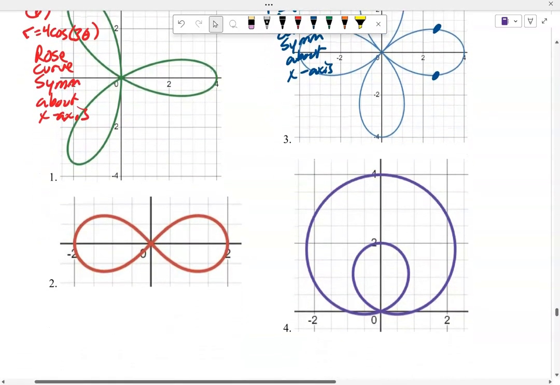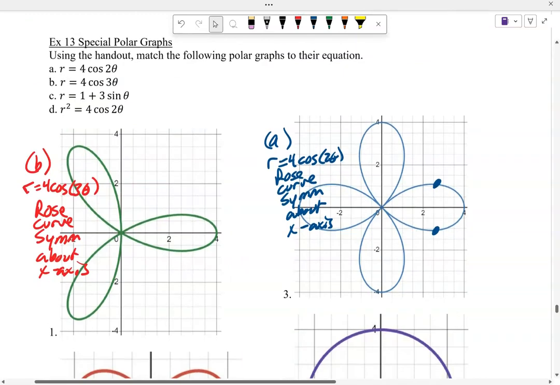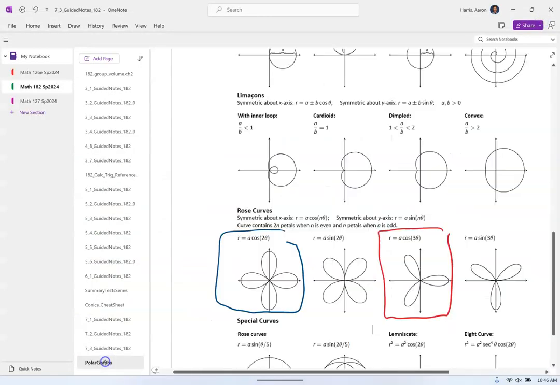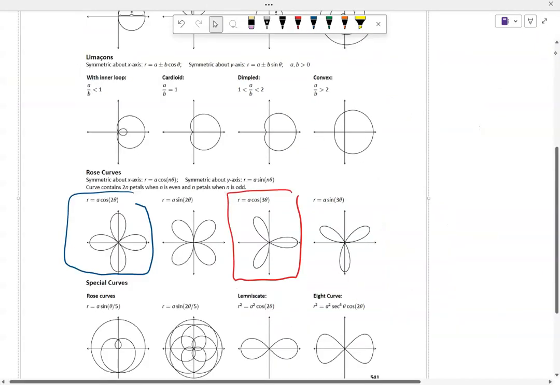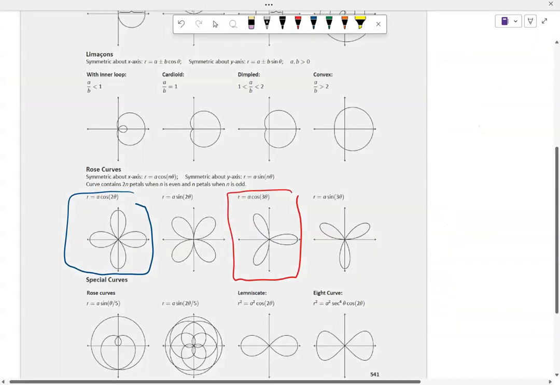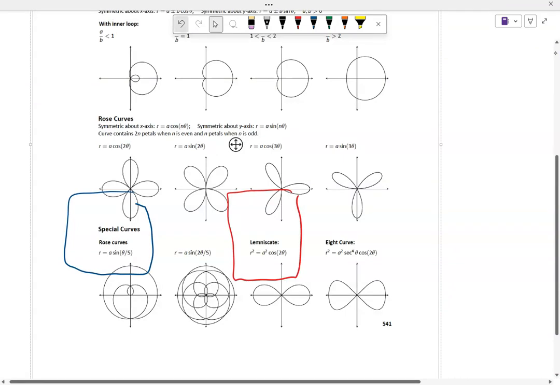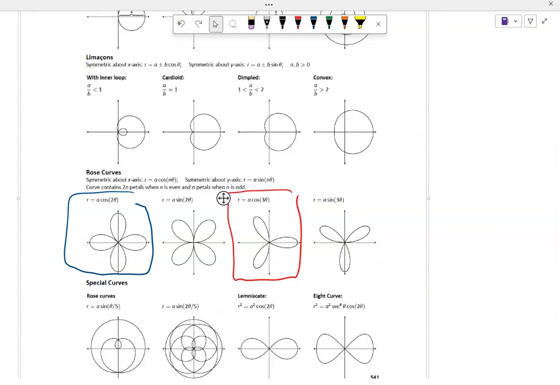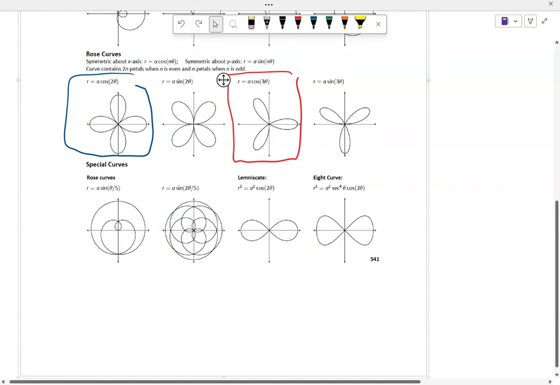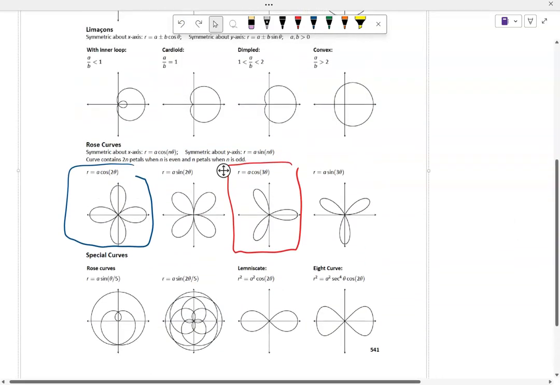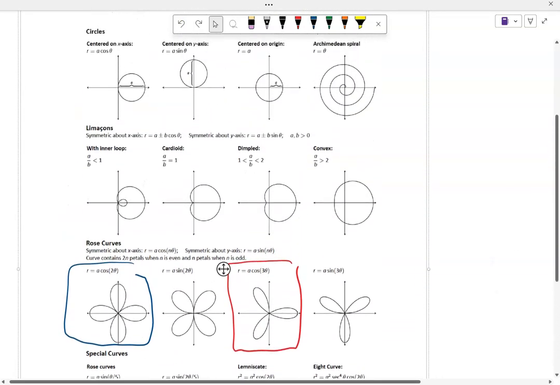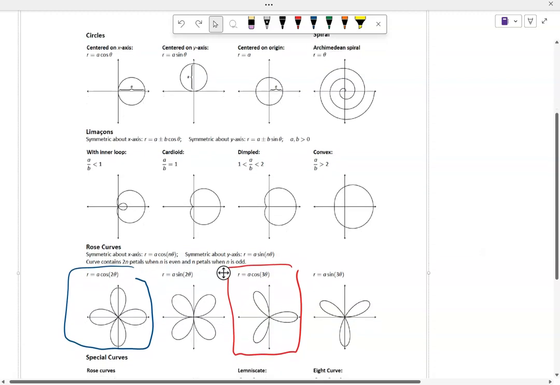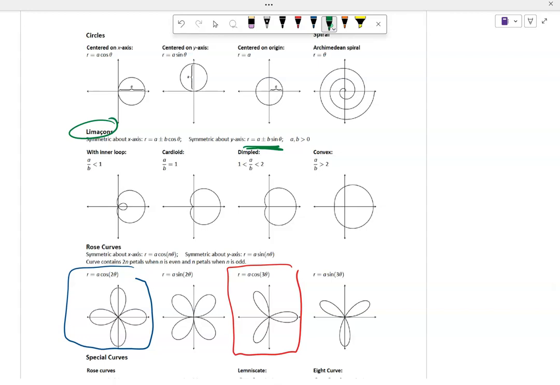Like this is C, r is 1 plus 3 sine theta. There we are. We got a limaçon. 1 plus 3 sine theta. So that'll be a limaçon.